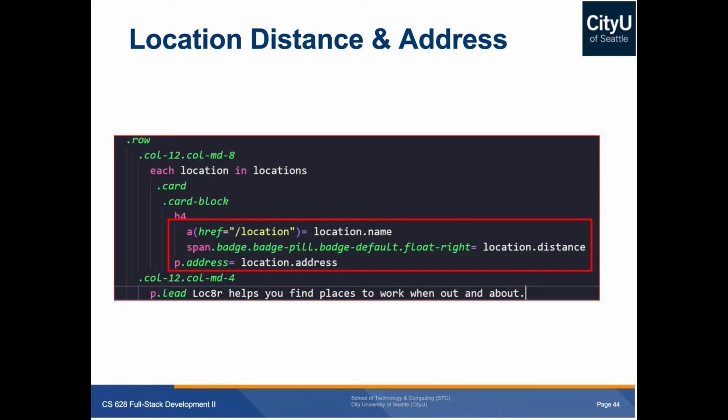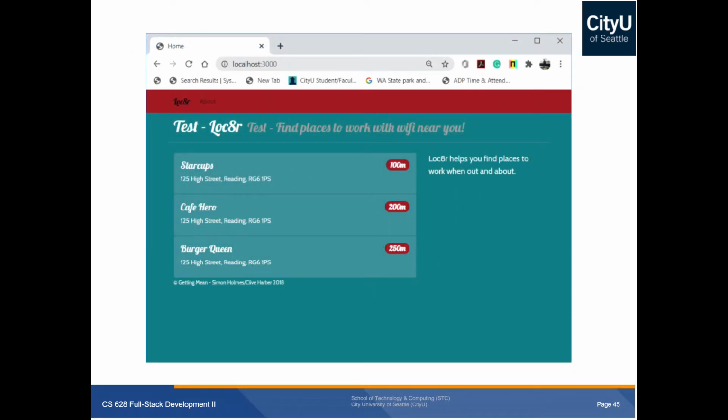For the location distance and address, you want the location name, and in your span tag using Pug you want the location distance, and another p tag with location.address. So we are now assigning buffered values, and that should look like this. You have the three cards: Star Cups, Cafe Hero, and Burger Queen, and each of them has their corresponding H, span, and P. The spans are these red distances.